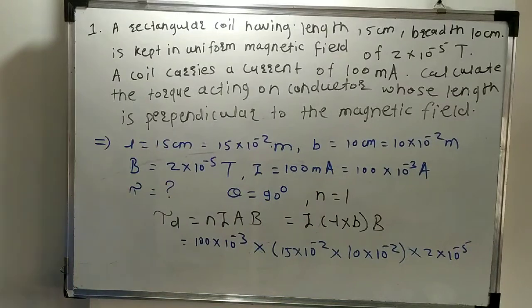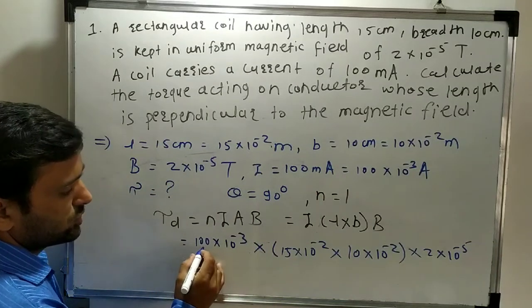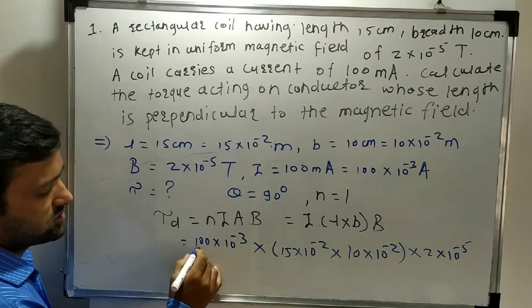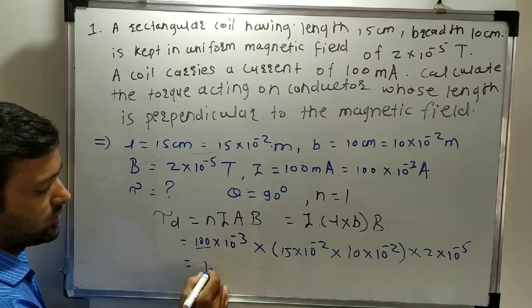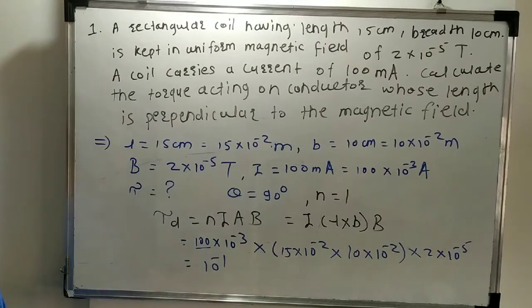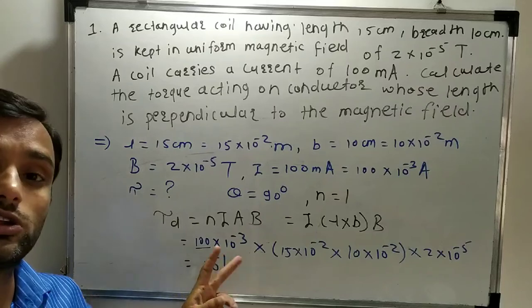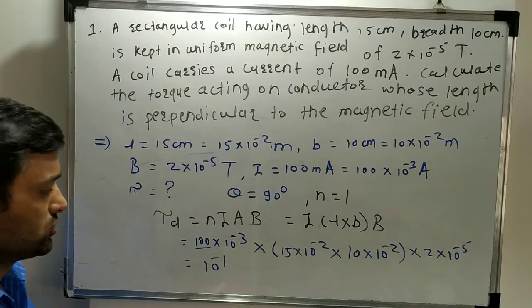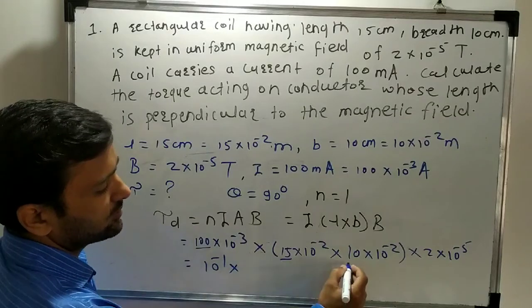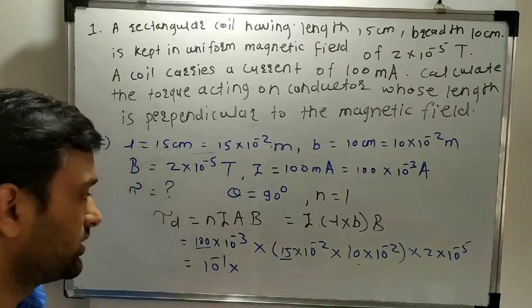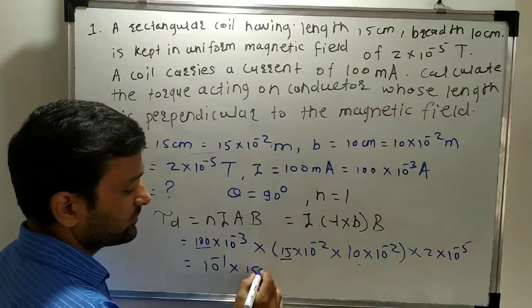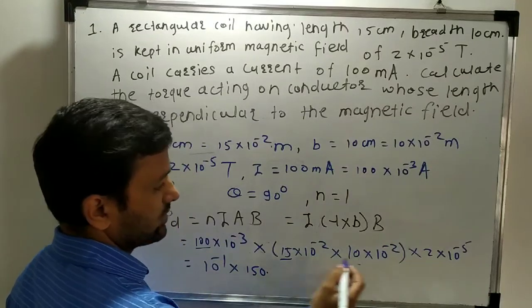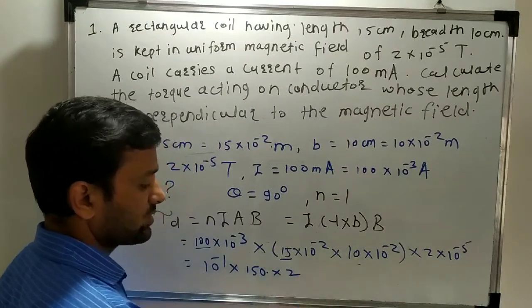So how can we solve this? 100 is nothing but 10 raised to plus 2, so plus 2 minus 3 becomes minus 1. Multiply 15 by 10, it becomes 150. Here multiplied by 2.